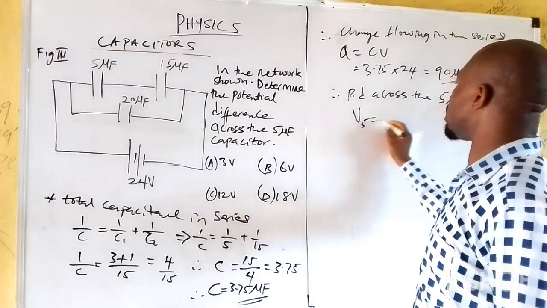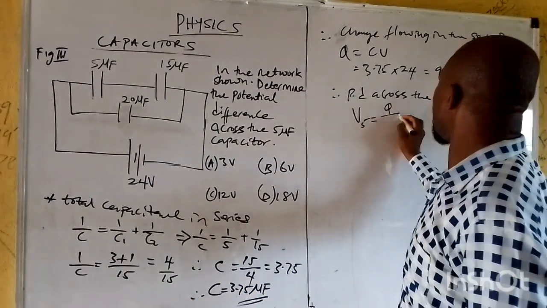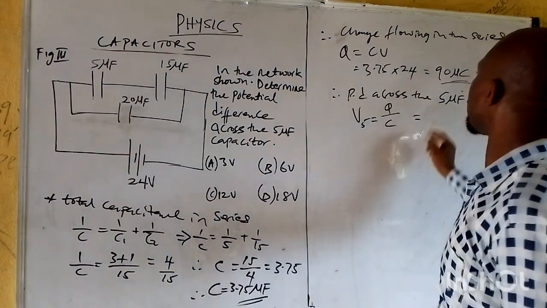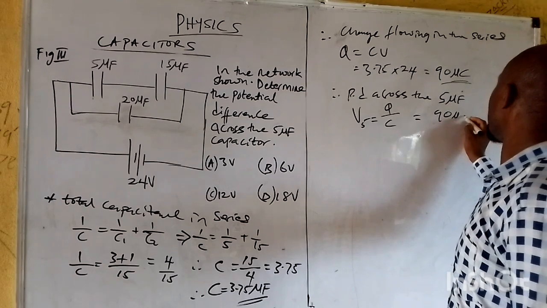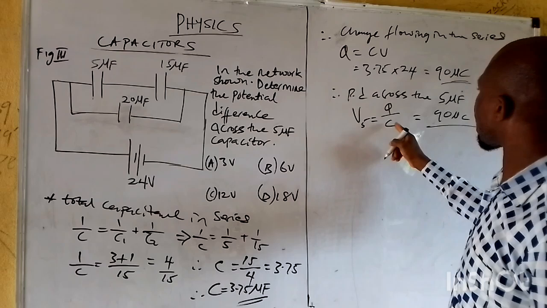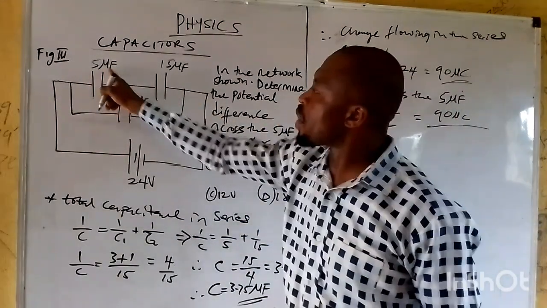V5 is equal to Q all over C, which will now give us quantity of charge is 90 microcoulomb all over the C, the 5 microfarad capacitor.